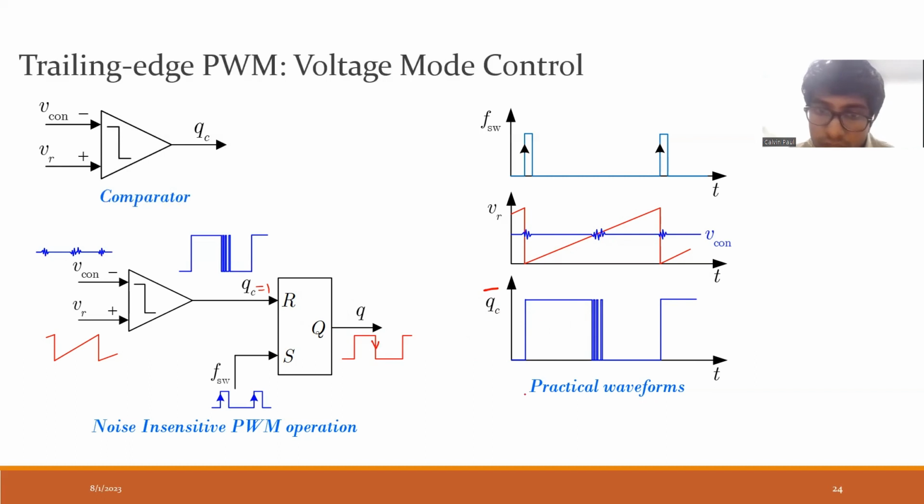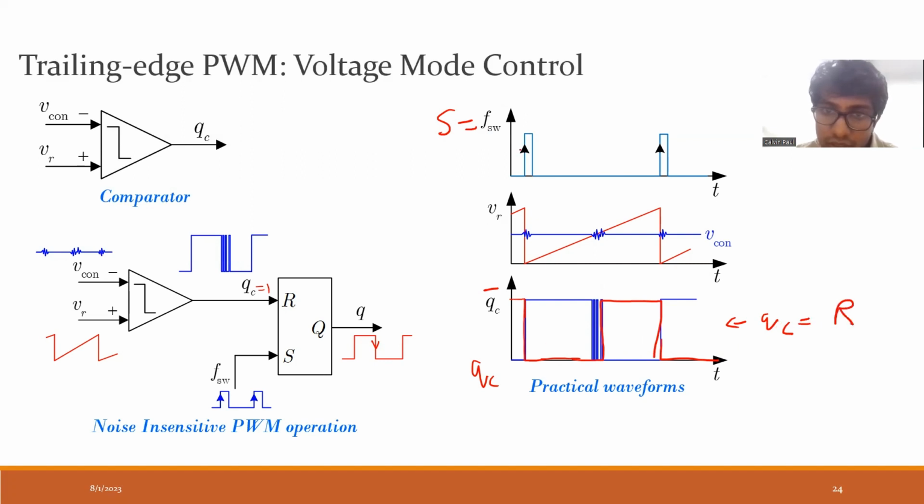Okay, so actually let me draw QC. So QC will actually be like this. This will be QC. So what happens is this is going to your set, and this is going to your reset.